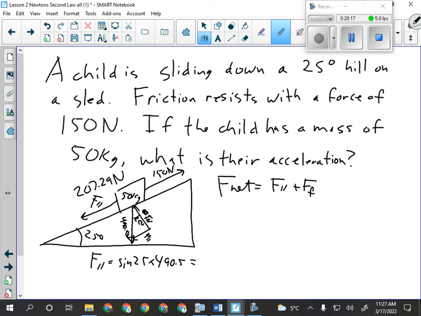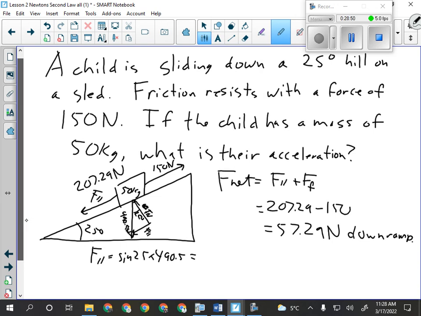So I'm just going to go, that is 207.29 minus, okay, or plus negative 150. Okay, all right with that? So I should be left with 57.29, right? Newtons down the ramp.